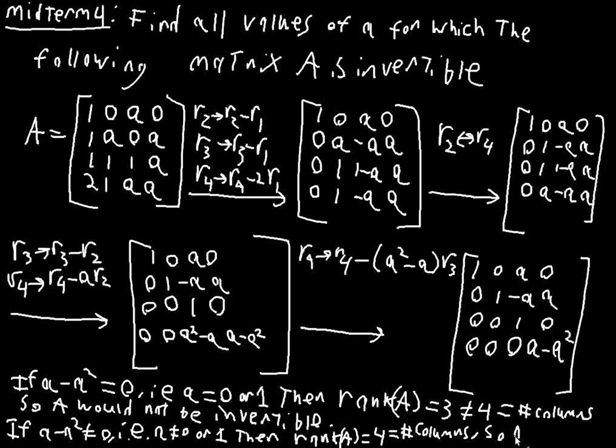So A is invertible. Ran out of a little space, but there we are. So this is question 4 in its full and glorious detail. If you have any questions, you may ask me in class, or you can post stuff in the comments below and we can answer it that way. Thank you.